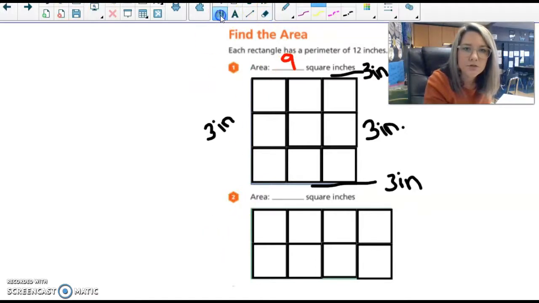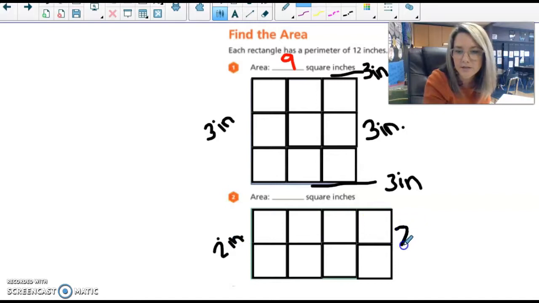All right, so 2 inches. And again, properties of rectangles, that means this side is 2 inches, and I can see that with my square tiles. Okay, this side is 1, 2, 3, 4 square inches. And properties of rectangle, that means this side is 4 inches as well.